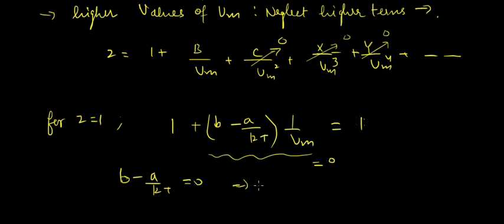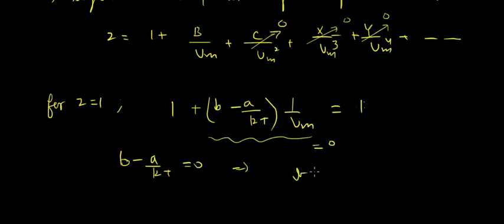So from here we can write that b would be equal to a by RT. This implies T would be equal to a upon bR.